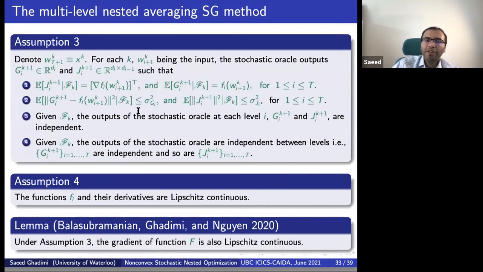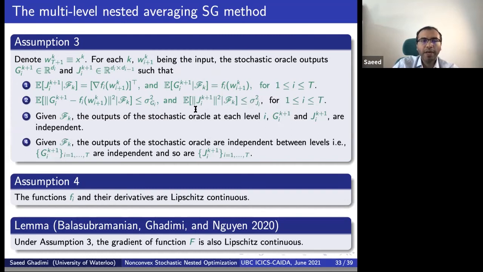To establish the convergence rate of this algorithm, we need to make assumptions about these stochastic values that we get from the stochastic oracle. We make the same assumptions. We assume that the expectation of G_k is the Jacobians, the variance of the function evaluations is bounded, the expectation of G_i is just F_i, and the second moment of the Jacobian is bounded.